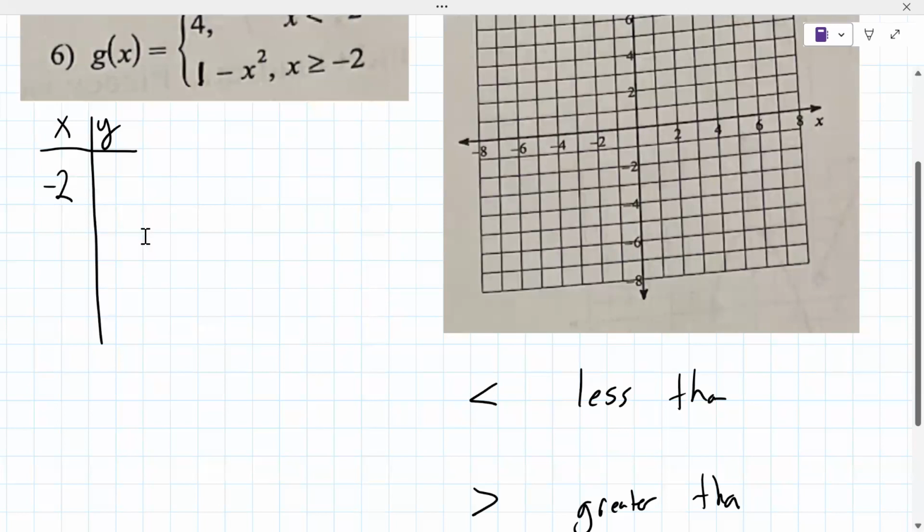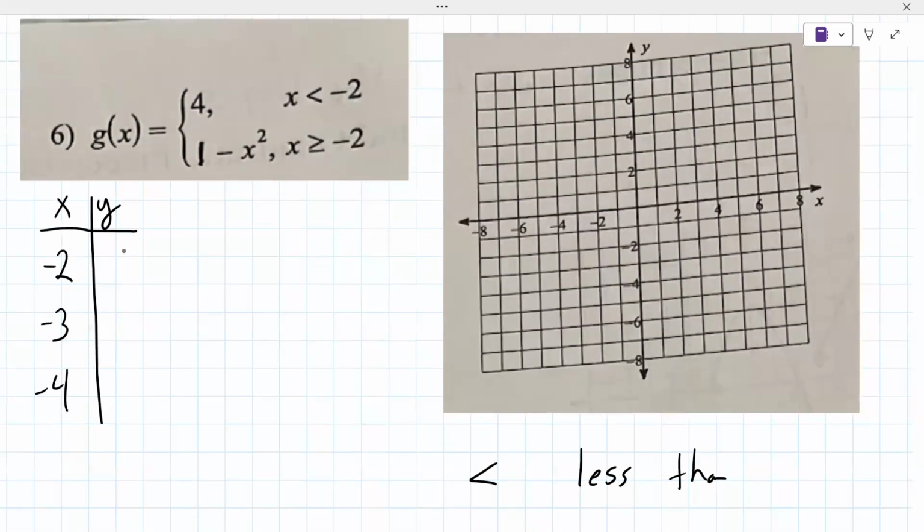It's to the left, so it's -3. -3 is less than that. Now give me a number less than -3. -4. Very good.